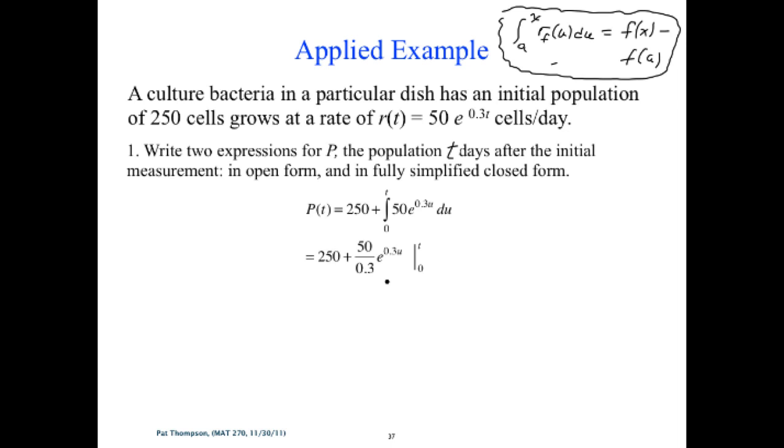Find the net change from 0 to t. That's what this bar over here on the right means. So it's nice because you can break it up into two steps. You can focus on the antiderivative, and then plug in your final and your initial. So when you do that, you get 250 plus the antiderivative at t minus the antiderivative at 0.